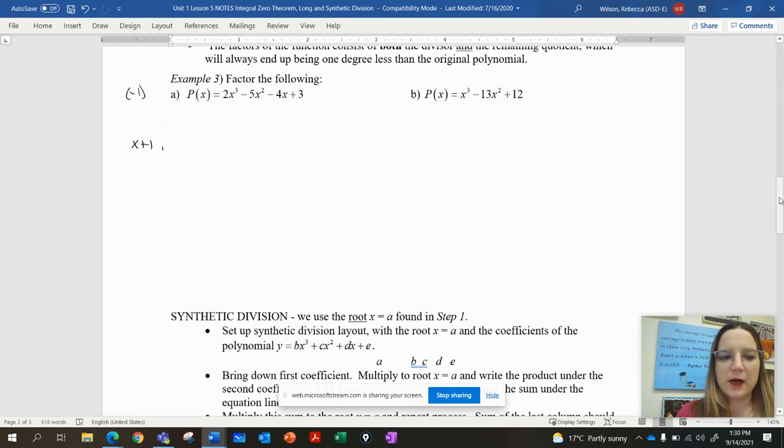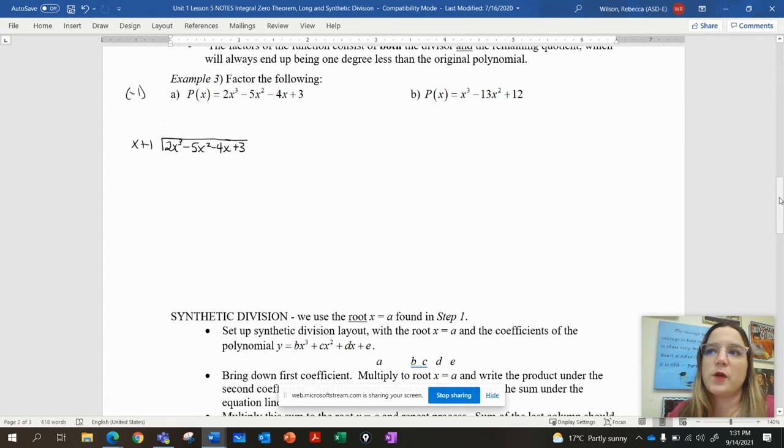We're going to divide that x plus 1 out of the expression 2x cubed minus 5x squared minus 4x plus 3. This is the way that you show that: you write your binomial factor first, draw a line next to it, and write your dividend, aka the expression, underneath with a line over top of it. Kind of looks like a square root sign.